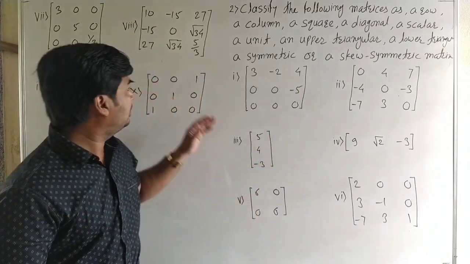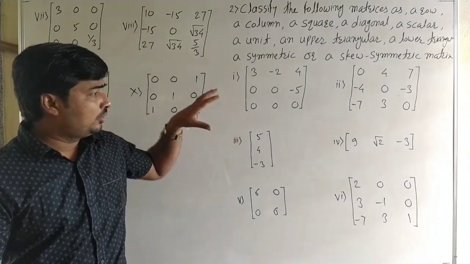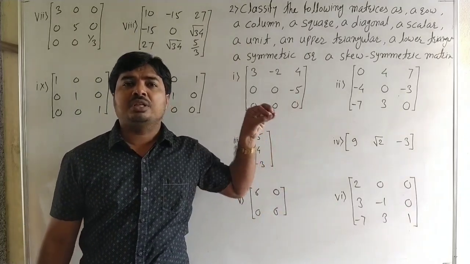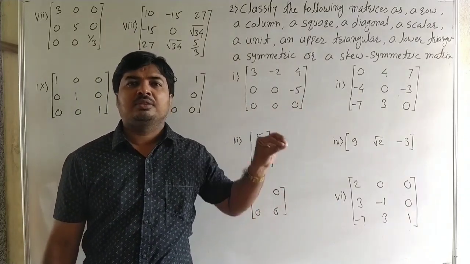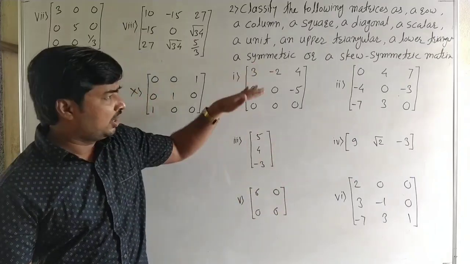Okay, here are a few examples of matrices. Now we check which type each matrix is: row matrix, column matrix, diagonal matrix, square, skew symmetric, symmetric. Okay, here we check one by one.